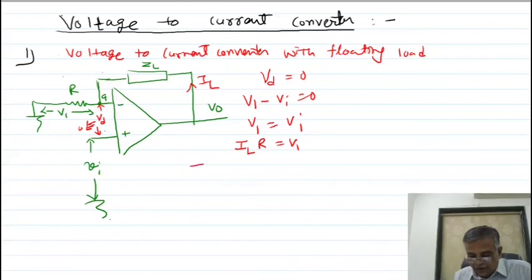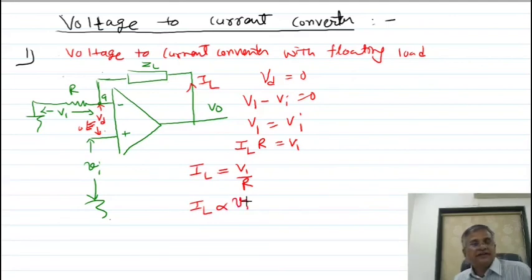So the output current IL is equal to V1 upon R. This load current is proportional to the input voltage. R is fixed here, so as you change the voltage, your load current changes.